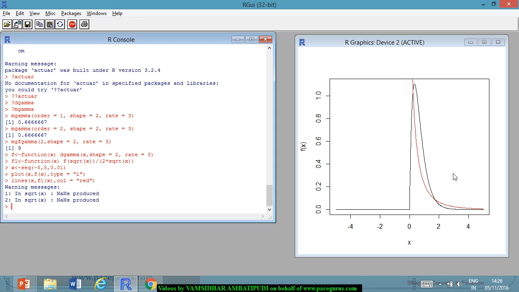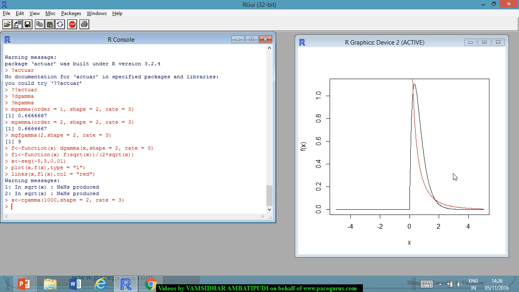So that's how you can very well play around with different kinds of functions. And in the same way, you could randomly generate the values also. You could follow the random number mechanism. Initially, you can generate the x's as r gamma, some thousand numbers, where shape parameter equal to 2, rate parameter equal to 3.